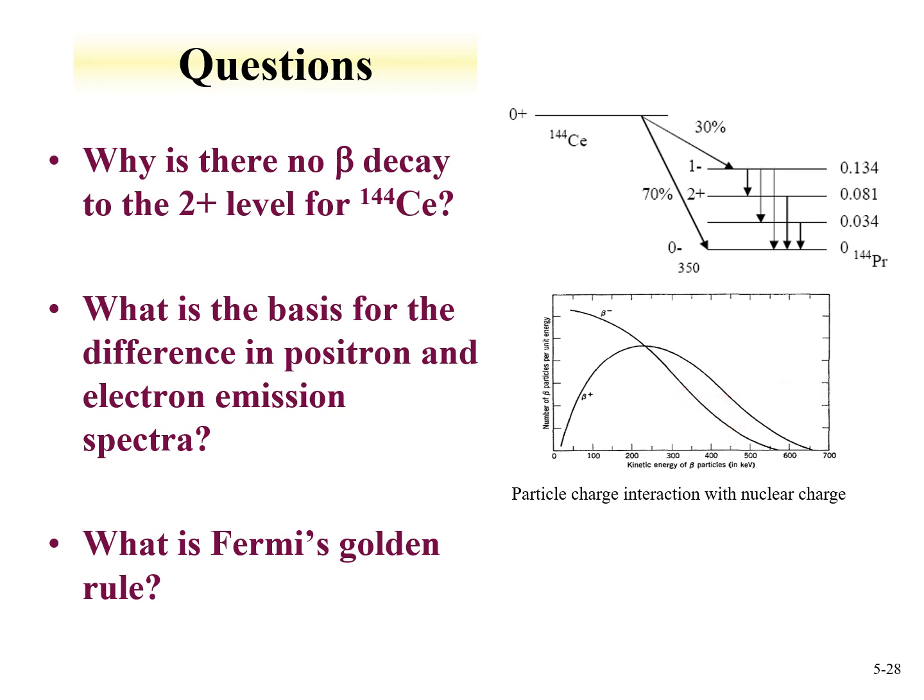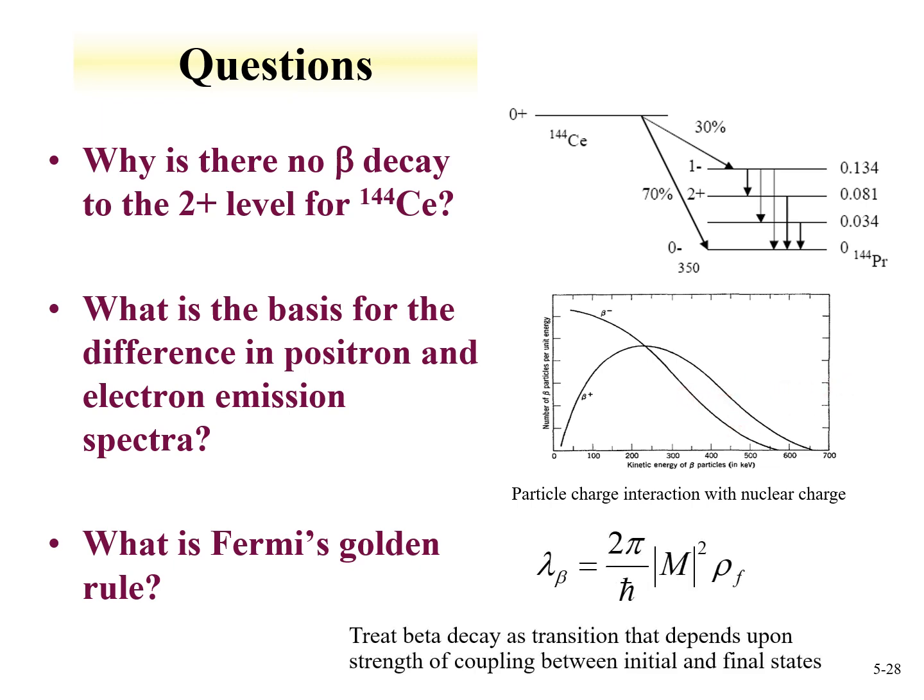What is Fermi's golden rule? Well, Fermi's golden rule is a model which is used to treat beta decay. It's used to evaluate the half-life of beta decay, and the equation is shown here. We have some constants. We have a density function here. Then we have this matrix.